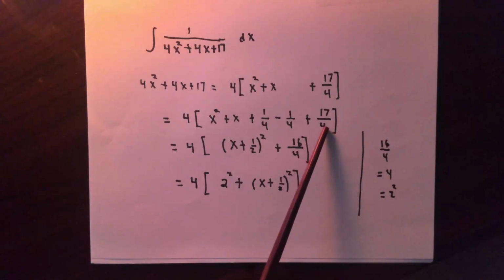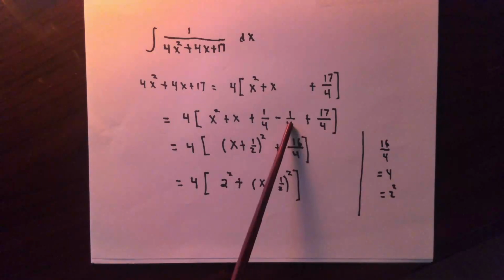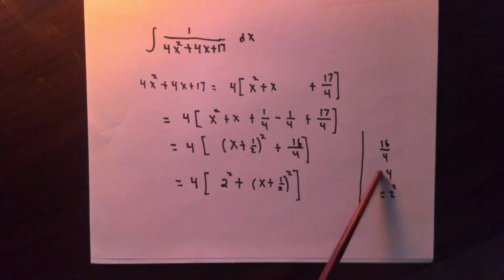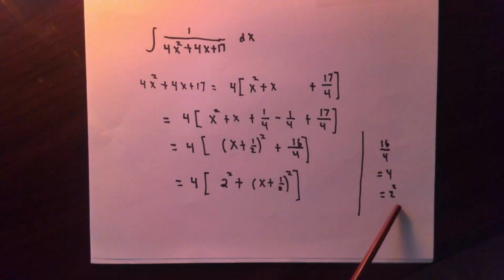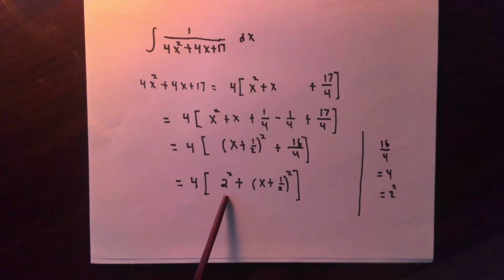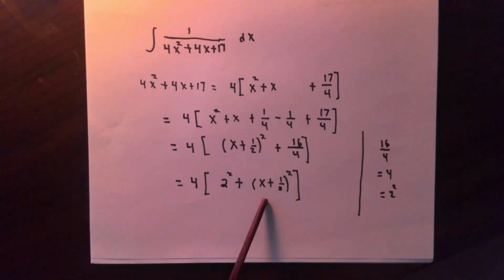I have 17 over 4 minus 1 over 4, which is 16 over 4, which is 4, which is 2 squared. I'm going to have 4 times the number 2 squared plus the square of x plus 1/2.